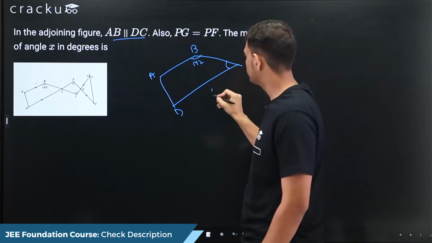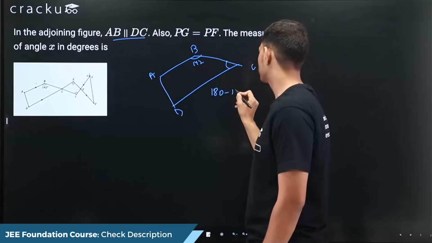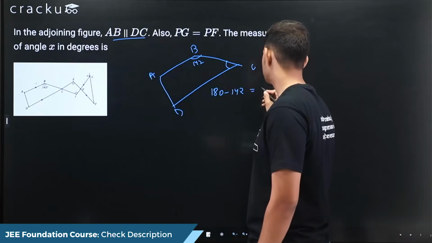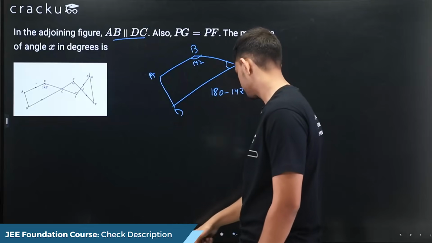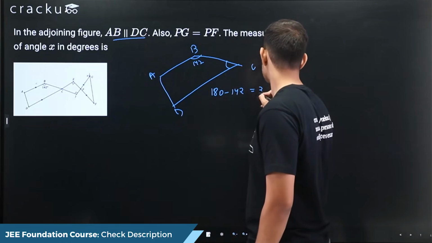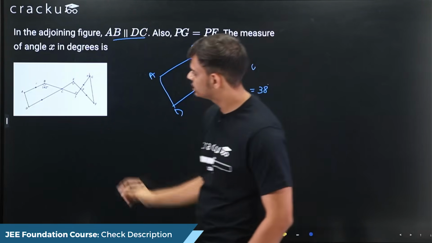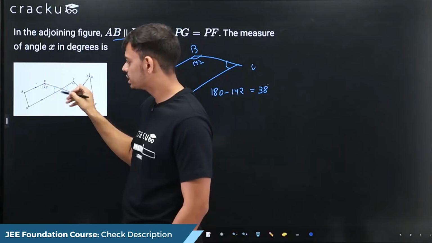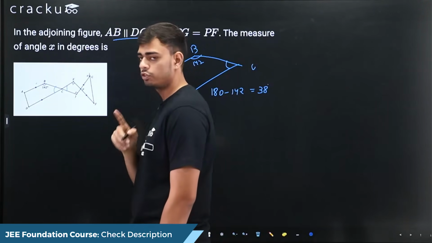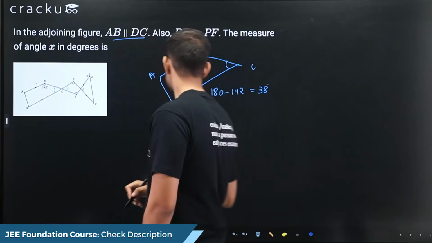So this angle will be 180 minus 142, which is 38 degrees. If this is 38 degrees, then this angle will be equal to this, the opposite angle at the intersection of two lines. So this will also be 38 degrees.